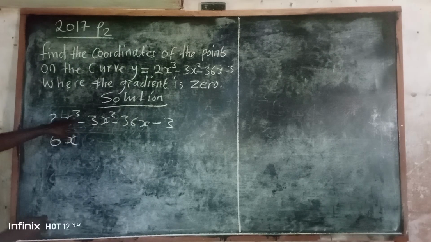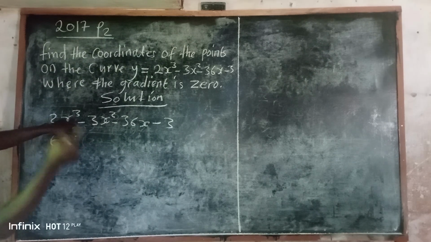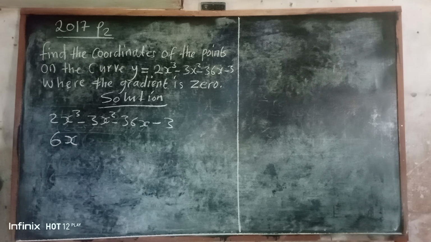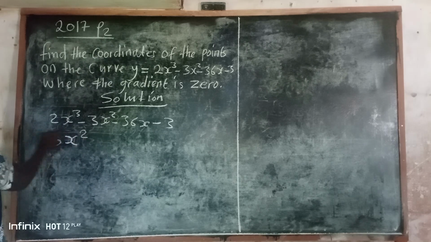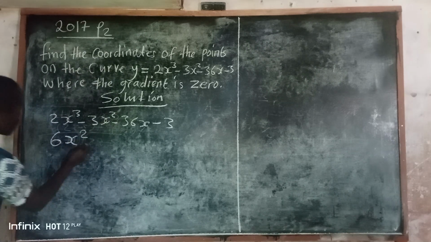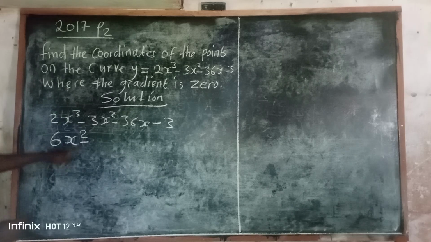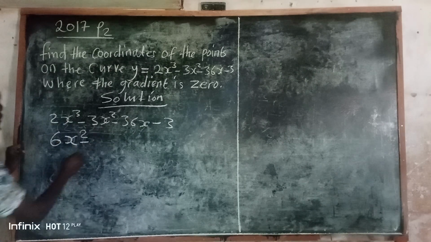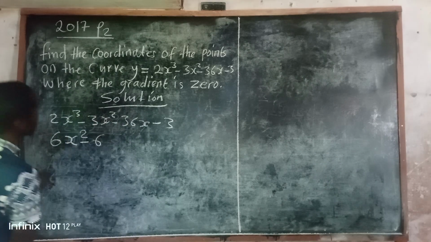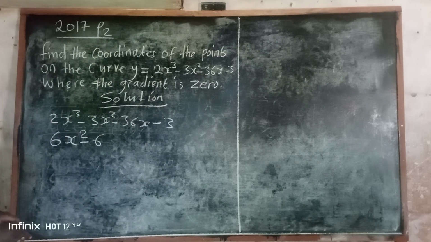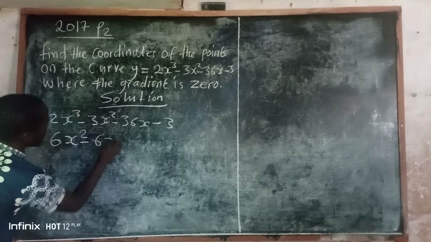Okay, so when we say 3 times 2, we are going to have 6x. Then this power should be decreased by 1, so we subtract 1 from the original power. When we say 3 minus 1, we have 2. It means we are done with the first term. Then we go to the next term. We maintain the operating sign, which is negative. Here again, we say 2 times 3, we are going to have 6x.